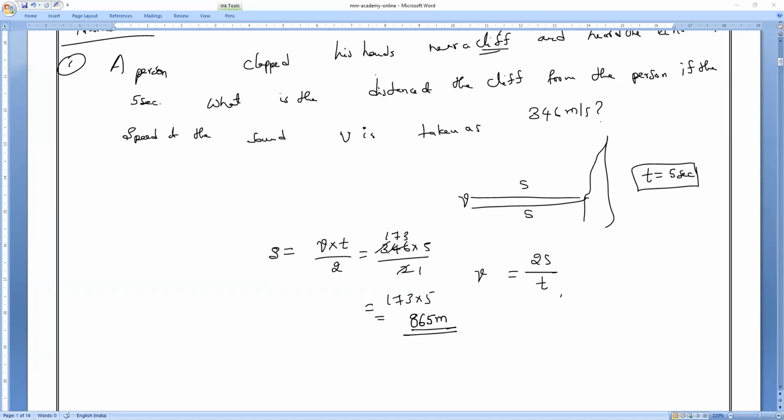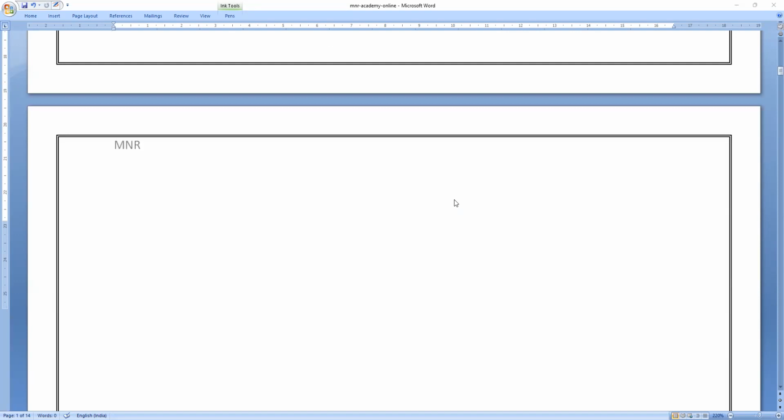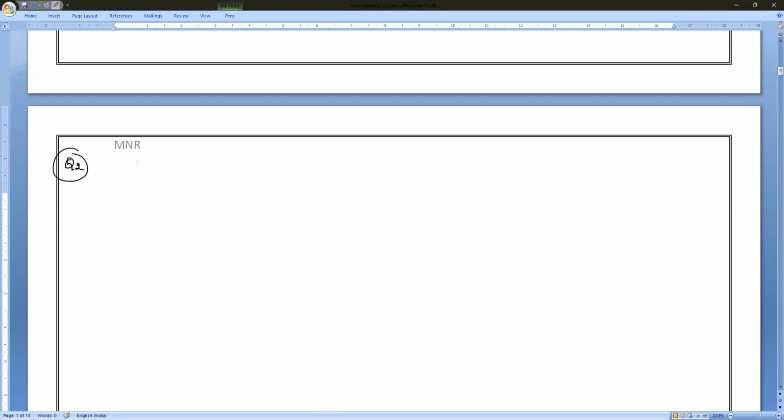Next question. A boy dropped a stone in a river from the height of 40 meters. Everyone needs to try numericals only, final exam is full of numericals.